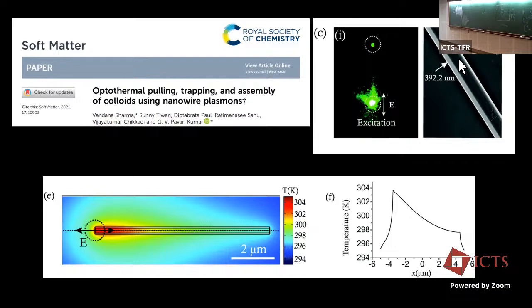If you look at the three-dimensional temperature distribution of such a situation, you would nicely see that there is a gradient of temperature which you can generate. What is the consequence of this?